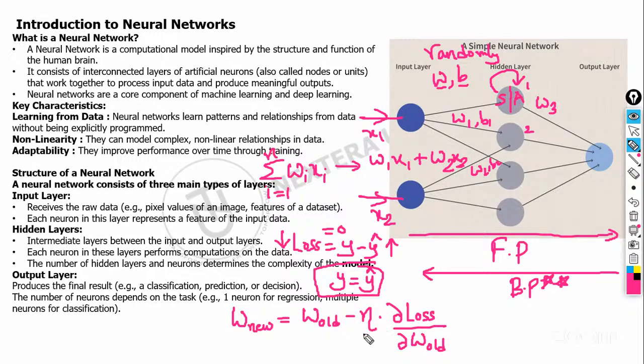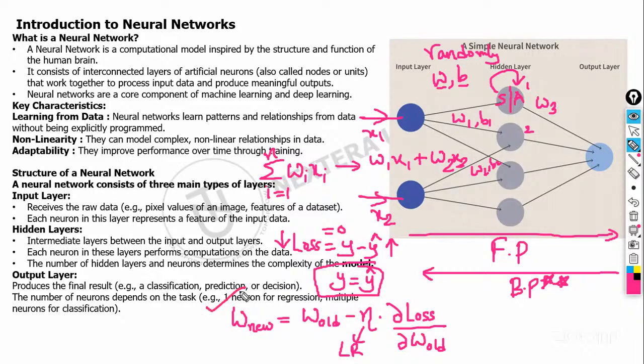It is eta, called the learning rate, multiplied by the derivative of the loss divided by the derivative of the old weight. So this value will be computed and the new weights will be assigned. I hope it's clear, right?